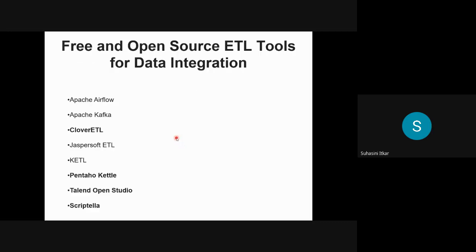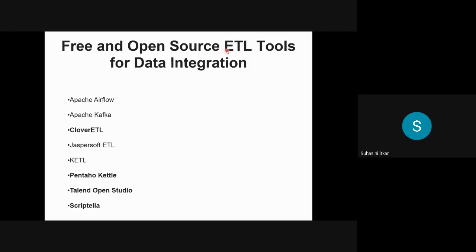Then in the last session we discussed the free open source tools for data integration, for pre-processing.